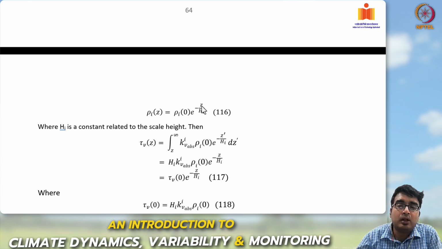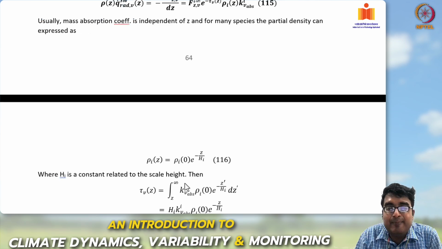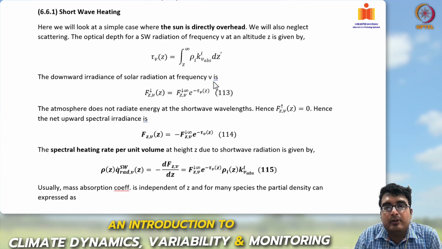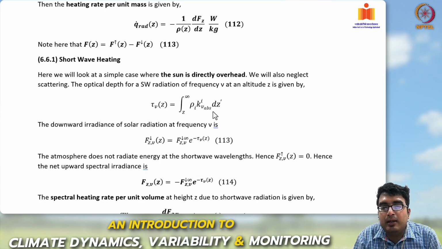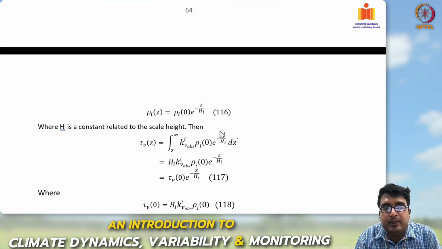So if this simple analytical model holds good, then we can replace rho_i(z) in terms of rho_i0 e to the power minus z by h_i here. Also, the tau_nu term, if you see, also has the rho_i(z) term. So here also you can put rho_i0 times exponential minus z by h_i times k times dz prime. Remember, the mass absorption coefficient is not a function of z, so that can go out.